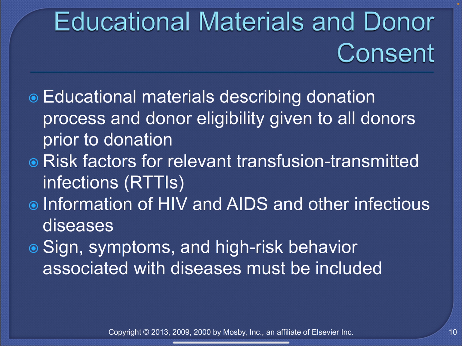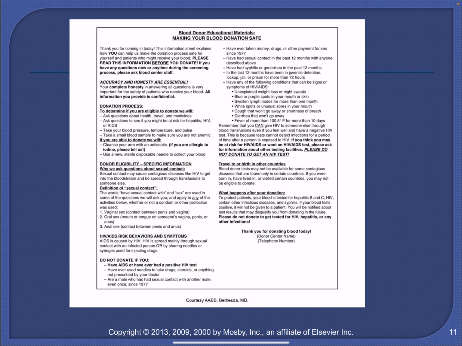donors. So I'll show you a picture, and this is the picture right here. This is an example of a blood donor educational material that's provided. The donor has to have some time to go through this material, and also to ask any questions if they do.